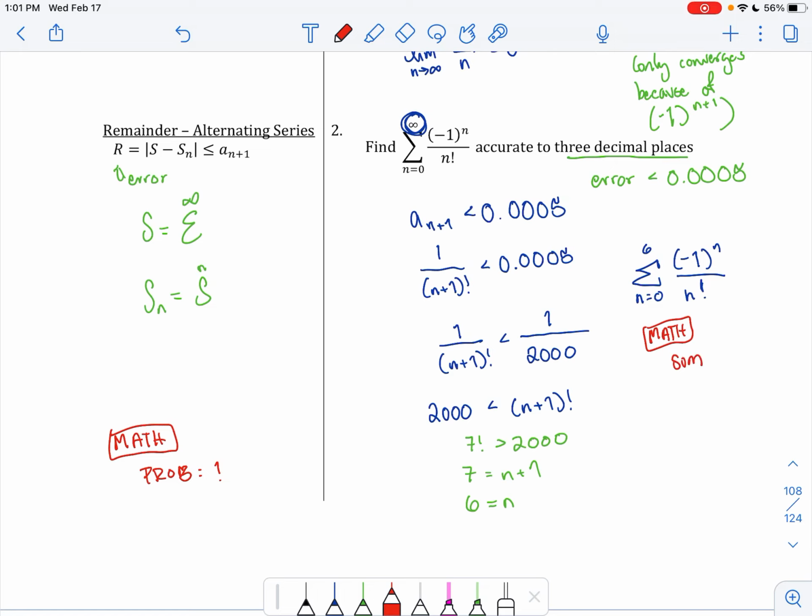Now, some of you will have to go and use sum and sequence as I detailed in a previous video, but most of you will be able to use this and type in here, again using math and probability to get the factorial in the denominator, and you'll get that this is equal to, to 3 decimal places, 0.368.